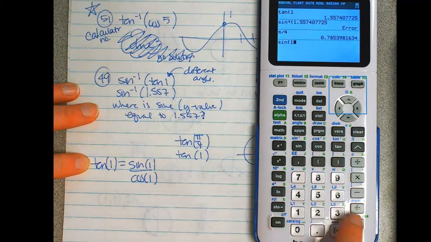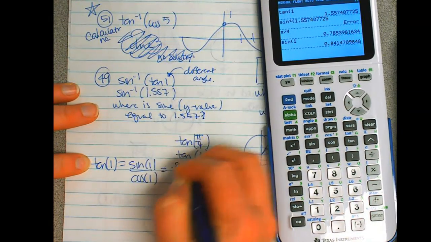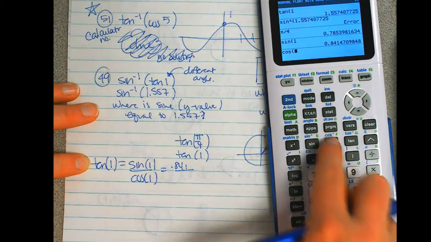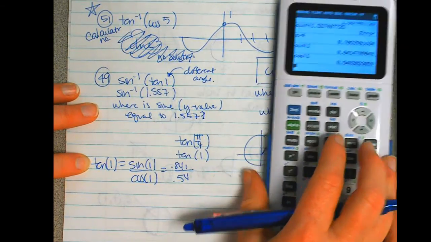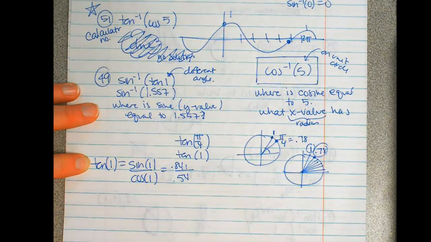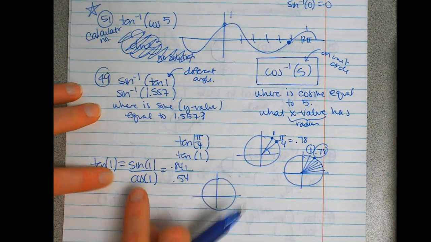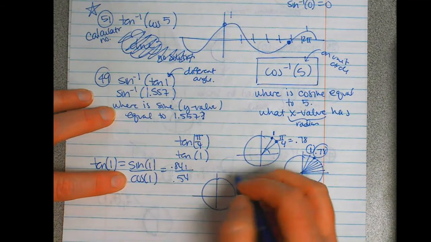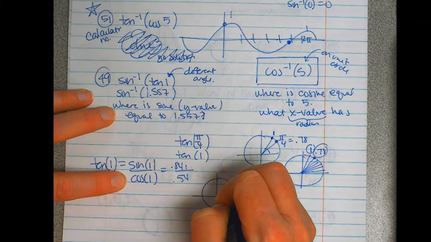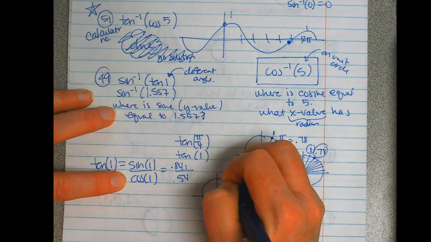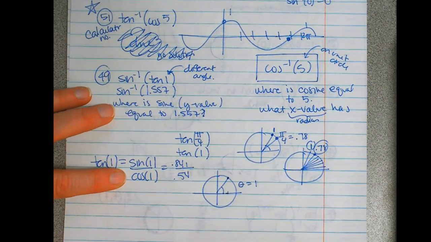Sine of 1 is 0.841. Cosine of 1 is 0.54. So, Parker, here's exactly where 1 is. I go 0.54 on cosine. I go almost a half, a little bit more than a half. And then I go up 0.8. This is where the angle equals 1 is.